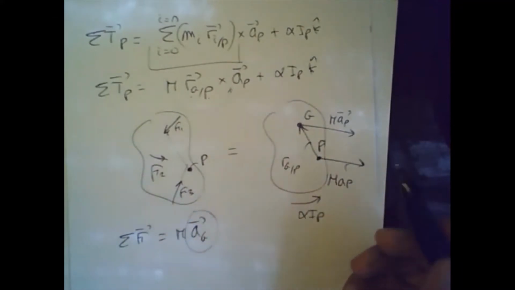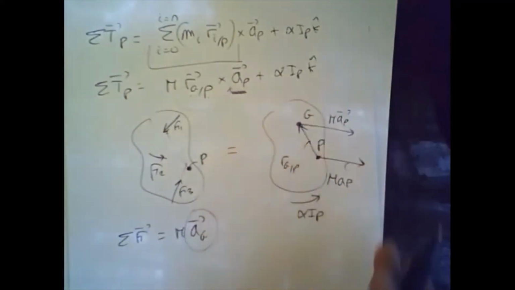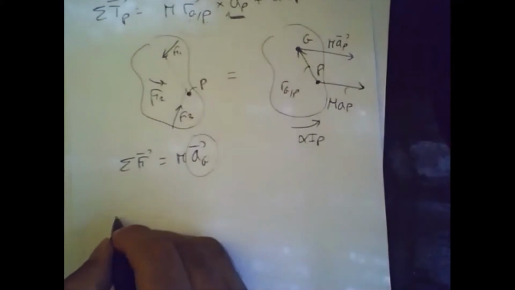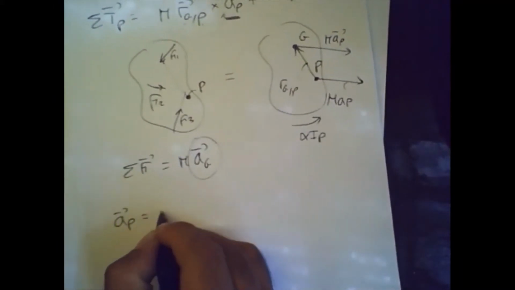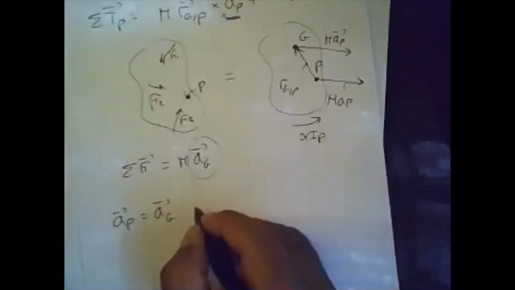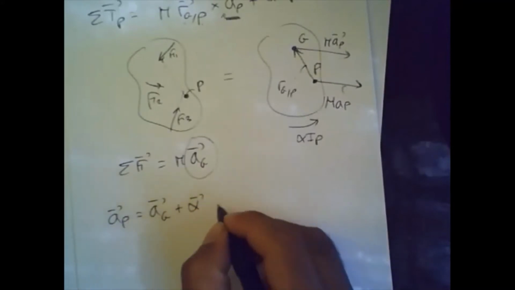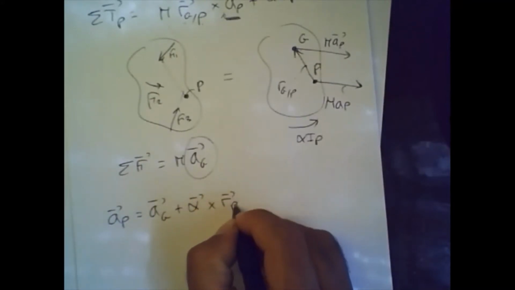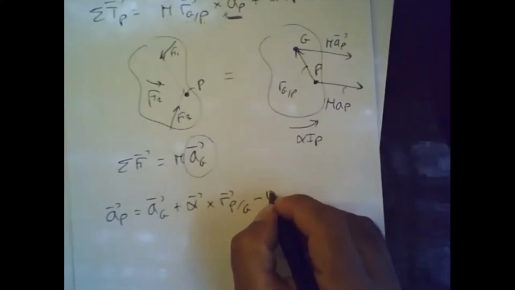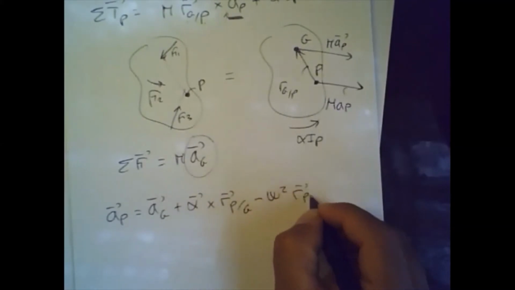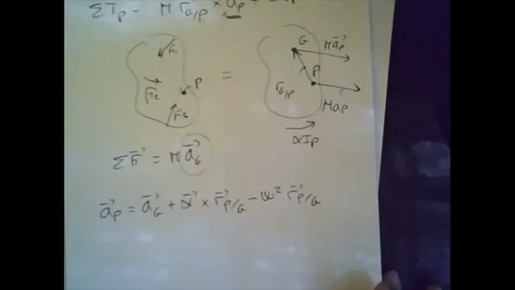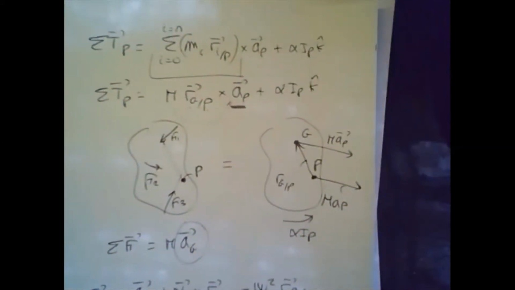So the easiest way is to rewrite a_P in terms of a_G, and I know a_P has to be equal to what? a_G plus alpha cross r_P with respect to G minus omega squared r_P with respect to G. And what else do I know?